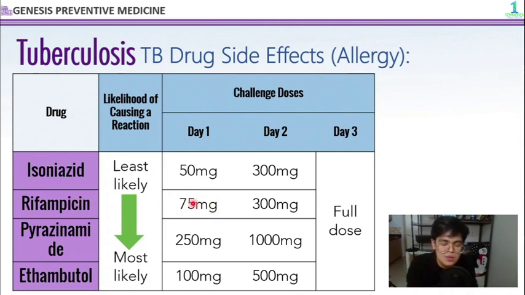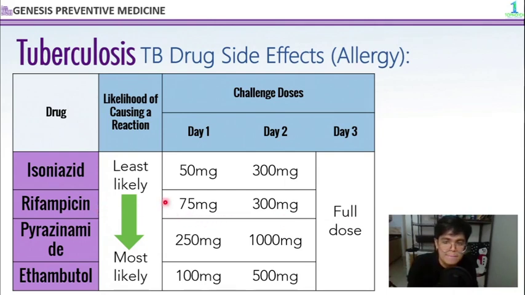So you adjust the dose to a number which is tolerable for the patient, and you can give the other drugs as needed, or introduce them slowly if you still suspect that there are multiple allergies.